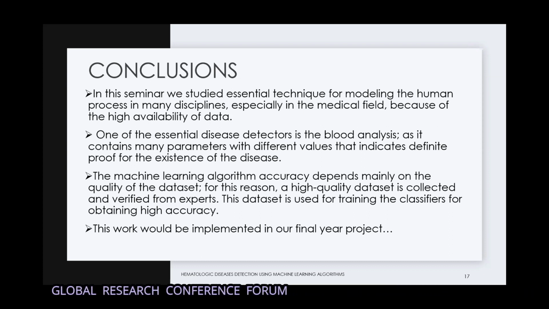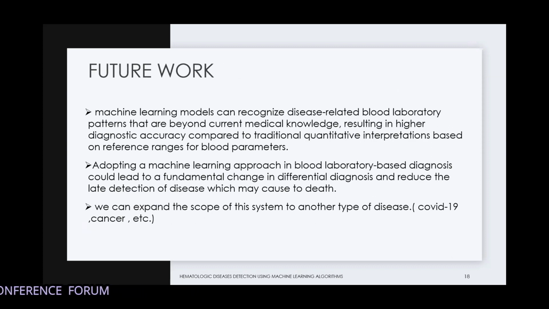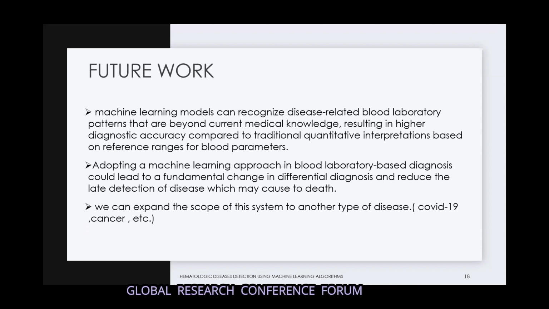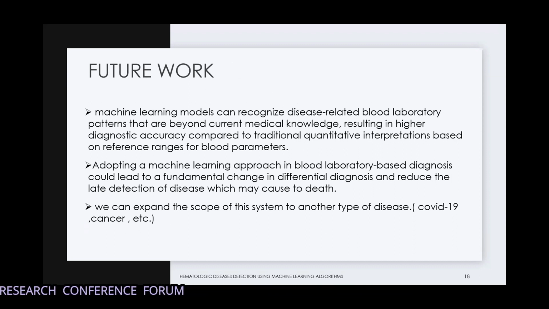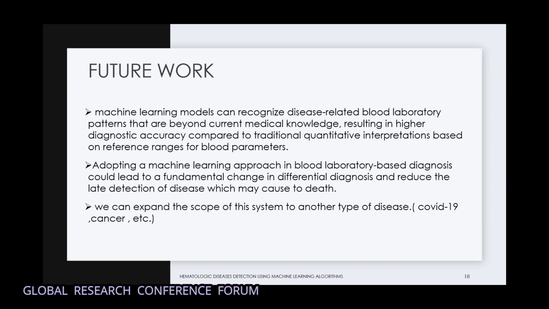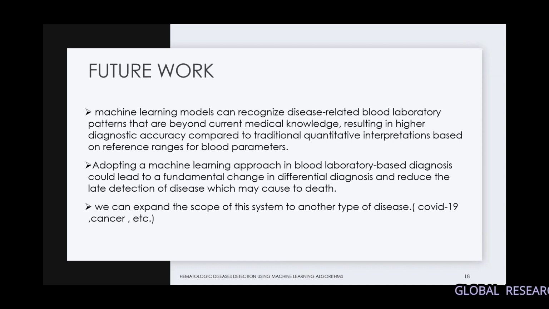So now I would like to go to the future work of the same. Here we get to know that machine learning models can recognize diseases related to blood laboratory patterns which are beyond current medical knowledge. In comparison to traditional quantitative interpretation, this gives higher diagnostic accuracy based on ranges for blood parameters, as shared by our friend Rutuja.